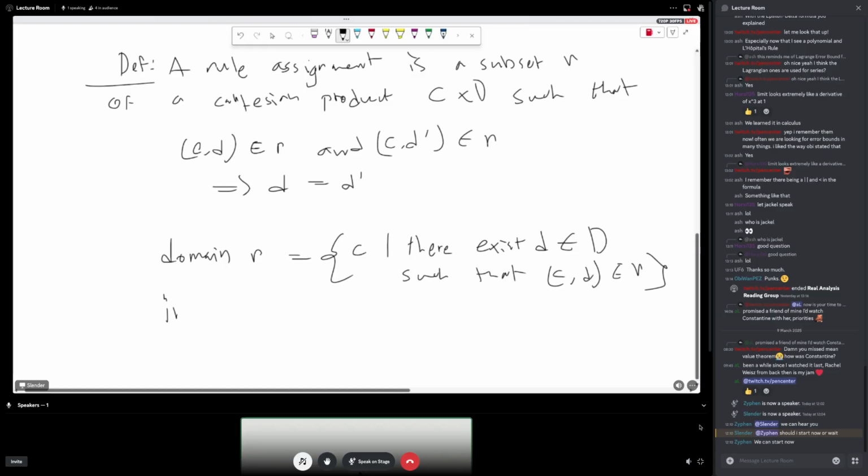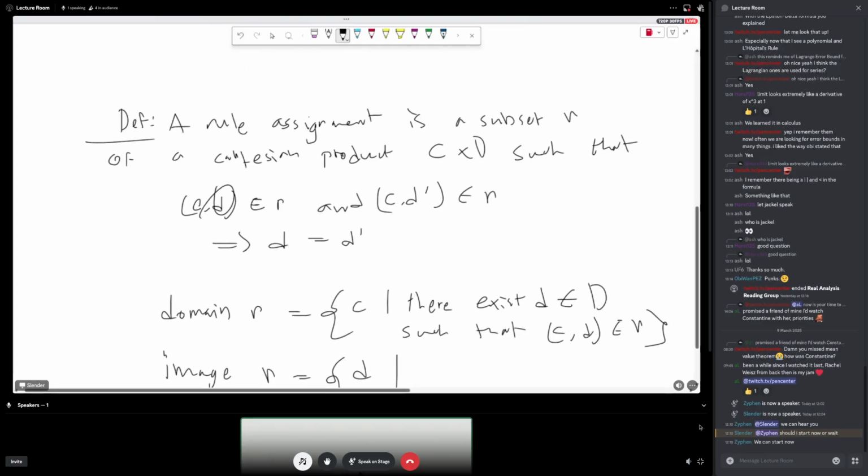And then we also have the image of this rule of assignment, which is the set of all d, the set of all second elements.